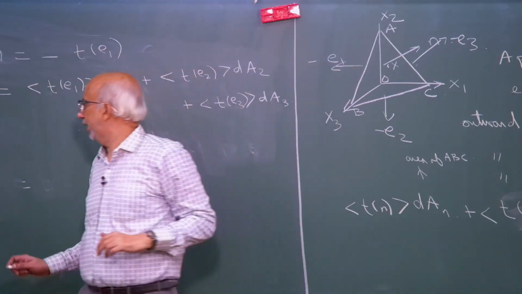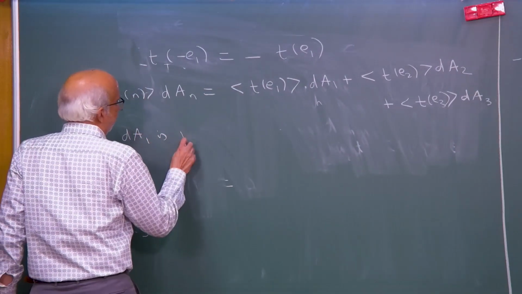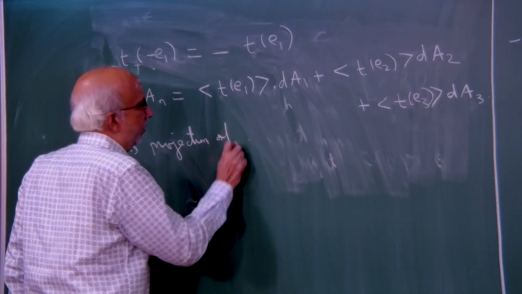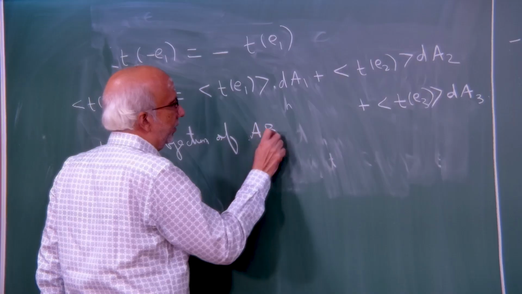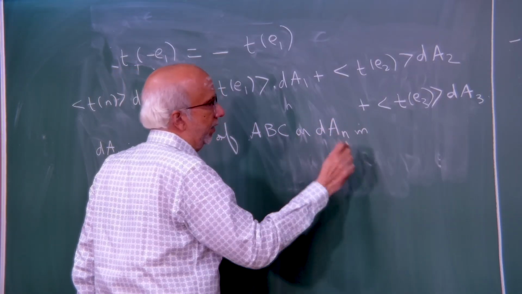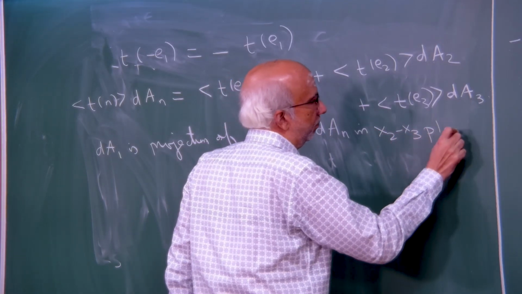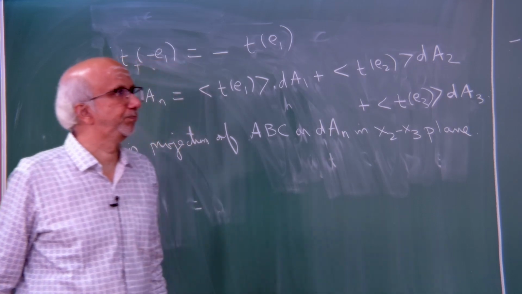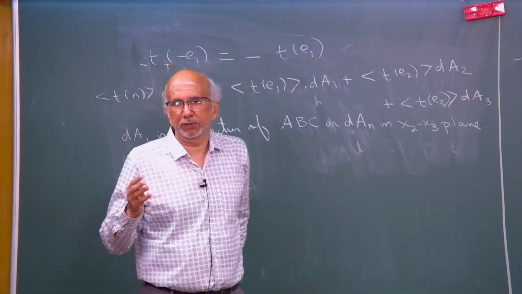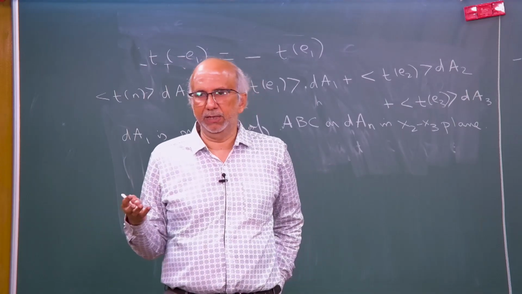So, dA1 is the projection of ABC, or dA n, in the x2 x3 plane. Since you are talking about projections, you remember that when you take dot products, you basically get a projection.